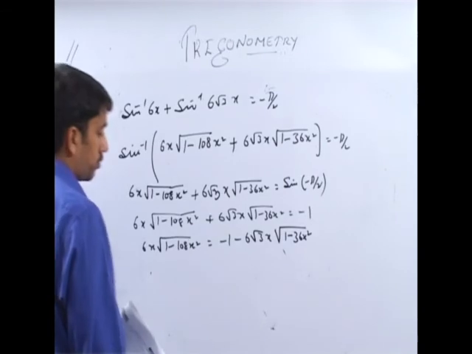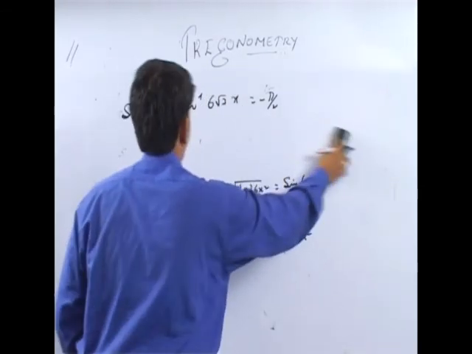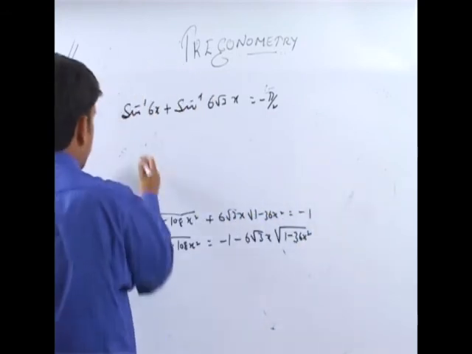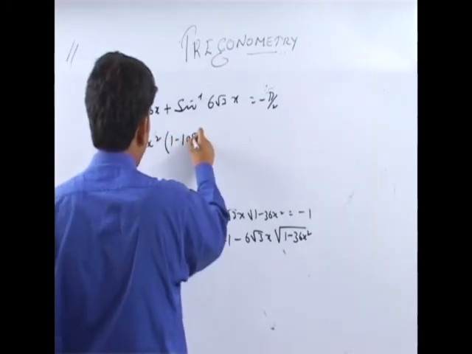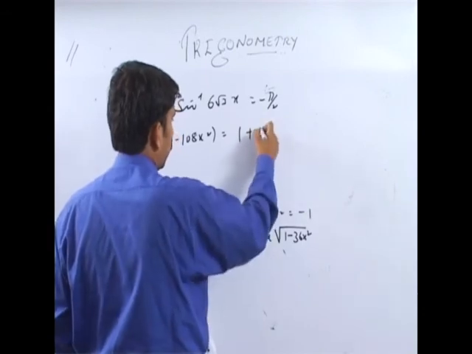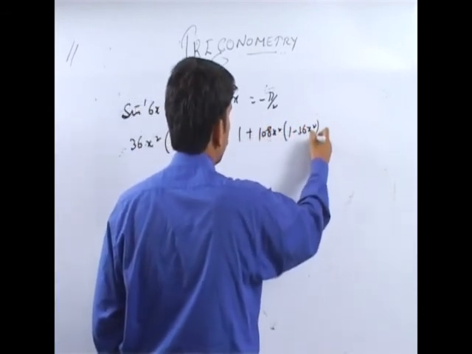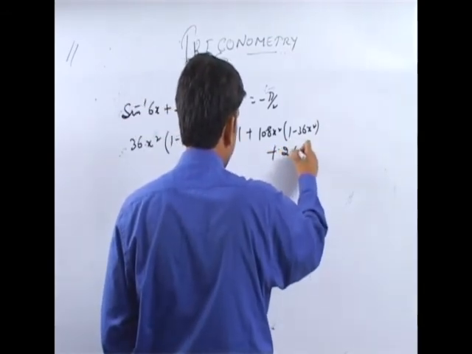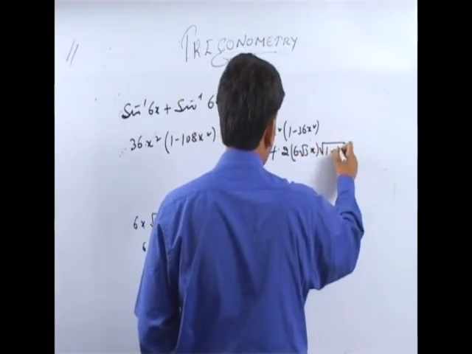Now when you square both sides, you will get 36 x square into 1 minus 108 x square is equal to 1 square plus 108 x square into 1 minus 36 x square plus twice of 6 root 3 x into under root 1 minus 36 x square.